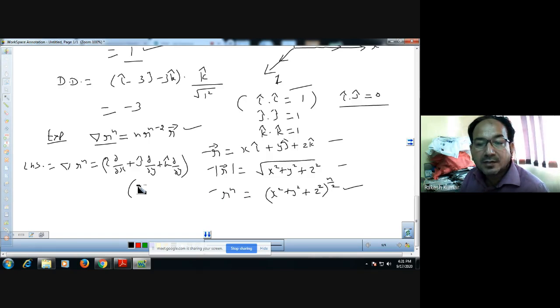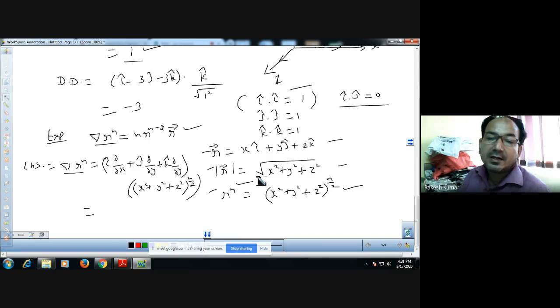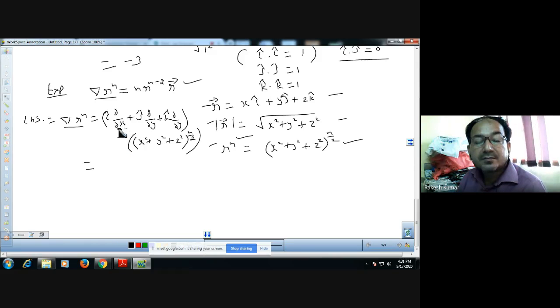So just write down here x square plus y square plus z square raised to power n by 2. You always know that the gradient of a scalar quantity, and this is a scalar quantity, will always be a vector quantity. So what will be its output? It will be a vector. So let us operate it one by one.